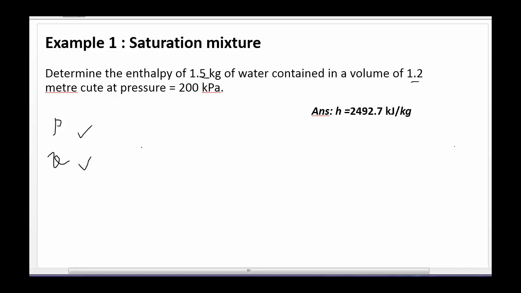It will define your state. So pressure is 200 kilopascal and the specific volume is, press your calculator, 1.2 divided by 1.5, you get 0.8 meter cubed per kilogram. So these two define your state.